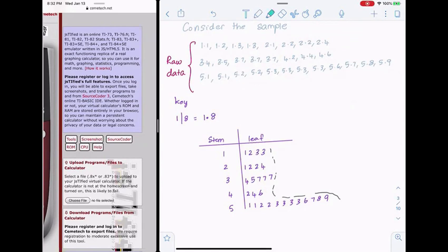So I look at 1 vertical dash 1, and the key is 1 vertical dash 8 equals 1.8. So it tells me the smallest value in the sample is 1.1. It'll tell me that the largest value in the sample is 5.9, and so forth. And that is just a stem and leaf plot.